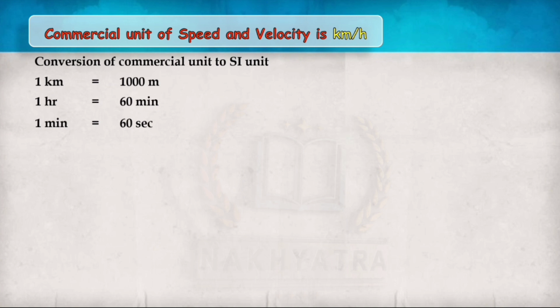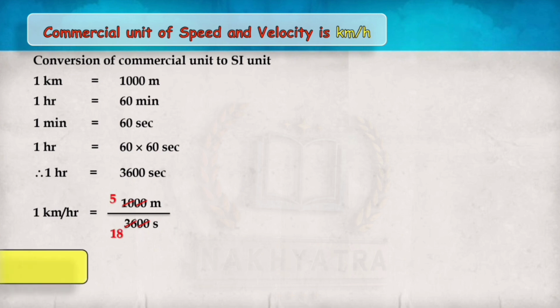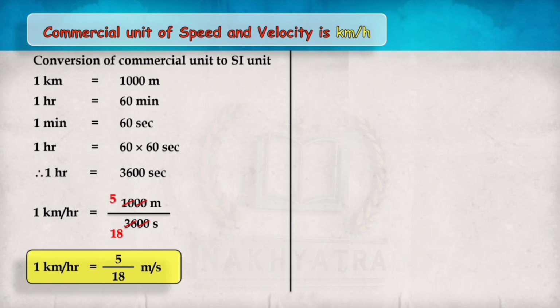Therefore, 1 minute equal to 60 seconds and 1 hour equal to 60 into 60 seconds, that is 3600 seconds. So 1 kilometer per hour equal to 1000 meter by 3600 seconds. Now cancel it. So we will get 5 by 18 meter per second. Therefore 1 kilometer per hour equal to 5 by 18 meter per second.